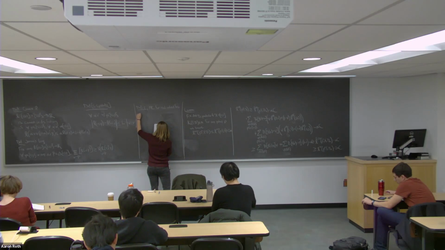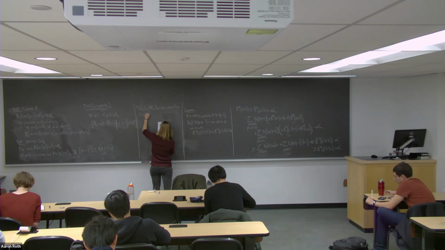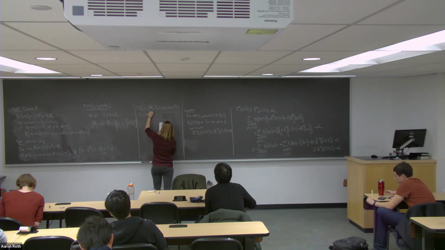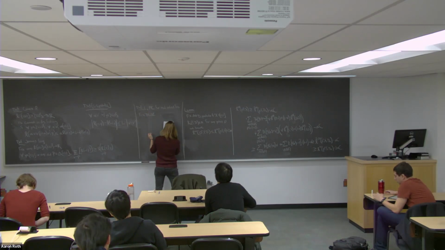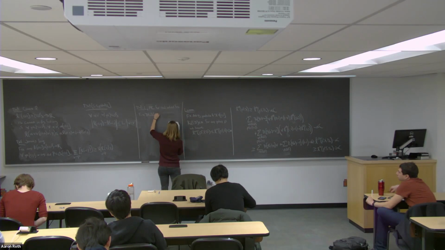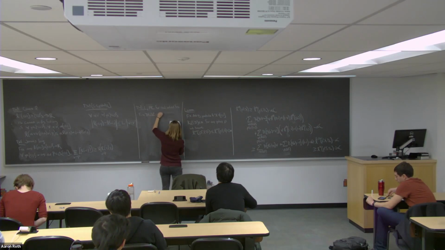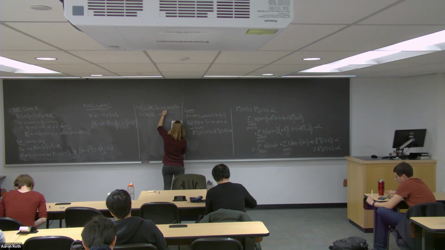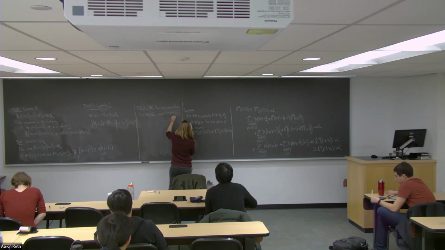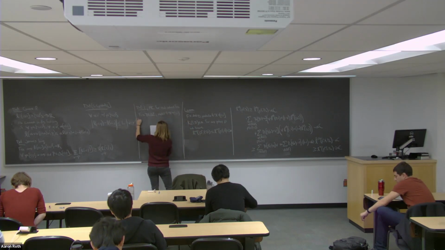So we're going to fix a distribution D over labeled examples, pairs. Fix a model F. And we'll also want to define a class of functions.